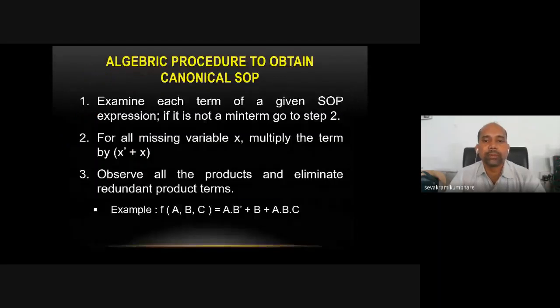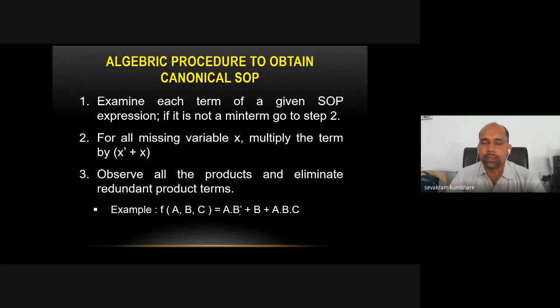But sometimes it may happen that here a b bar, c is not there, so it is not a min term. Here a and b are not there, so it is not a min term. Here a b c, all 3 are there, so it is a min term, right? If it is not a min term, you go to step 2. For each missing variable, for example here c is missing, so you multiply the term by c bar plus c.